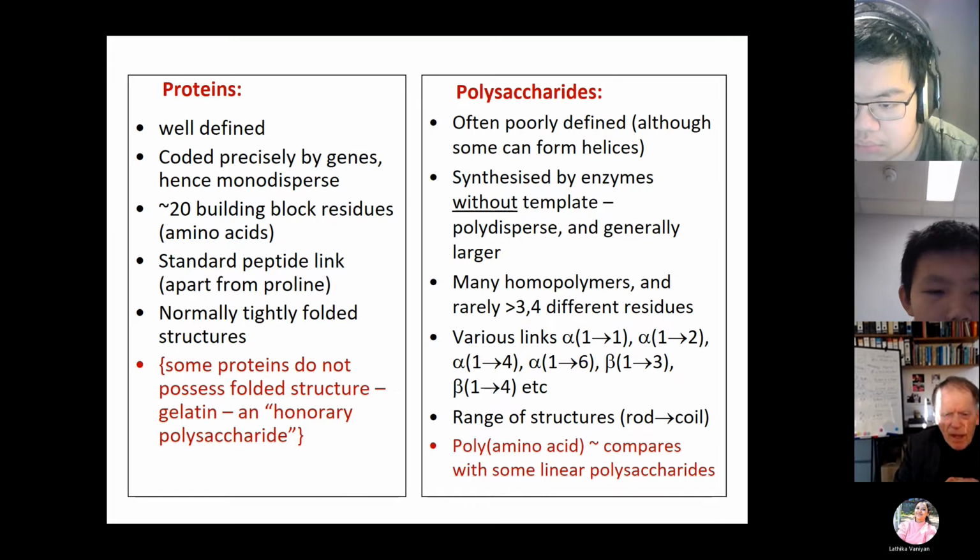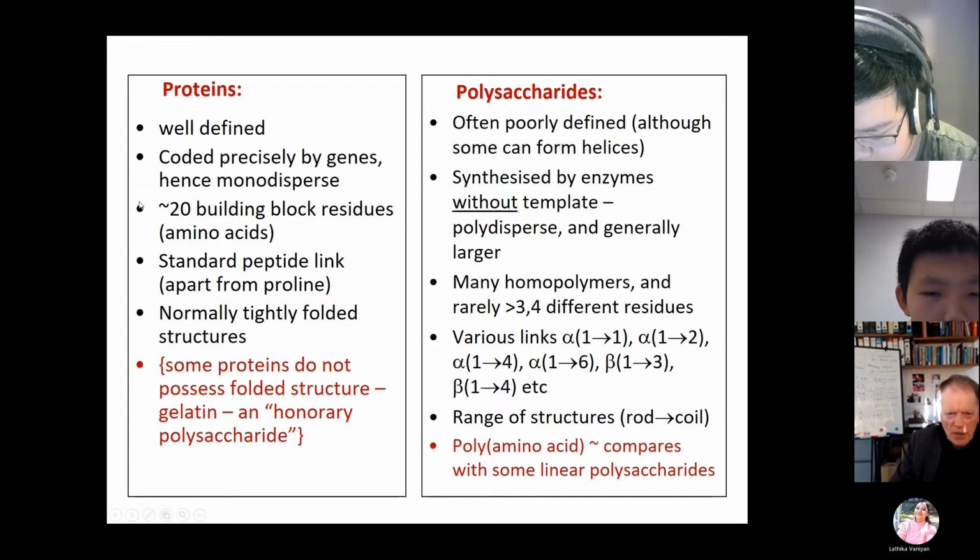bond. And with proteins, you tend to get a wide range of different residues in the protein molecule. With polysaccharides, it's the opposite. Lots of polysaccharides are made of one repeating residue only, and rarely do you get more than 3 or 4 different types of residue in a polysaccharide, unlike the 20 or so residues we find in a protein.